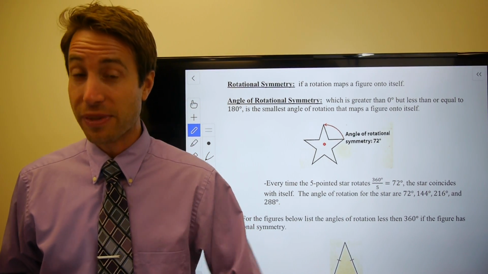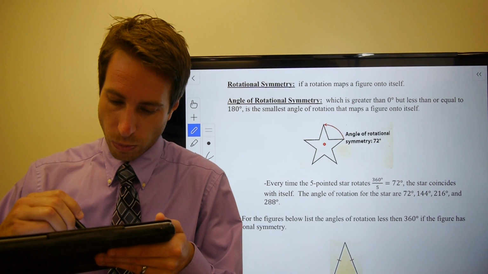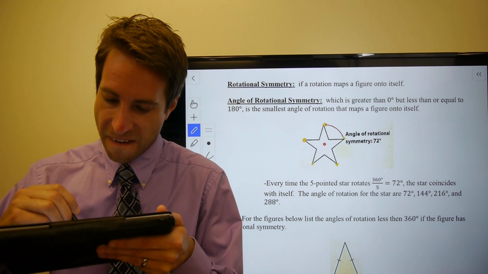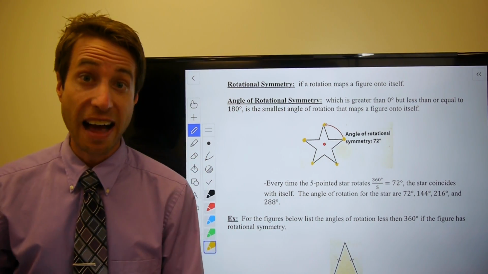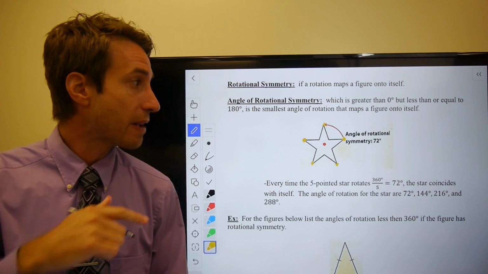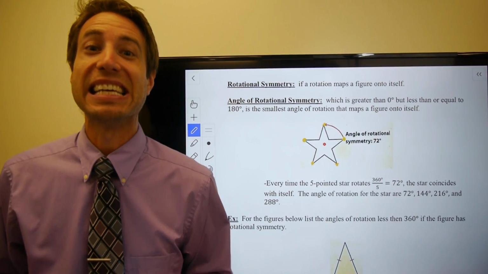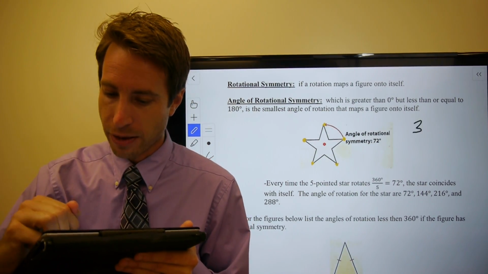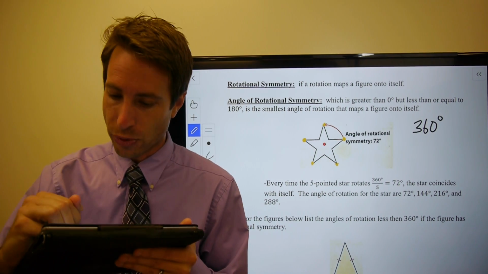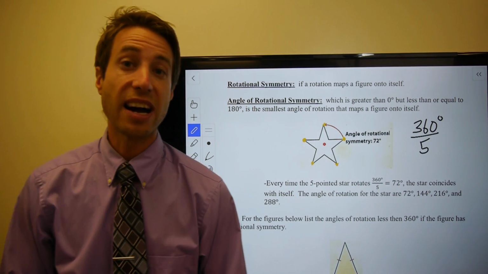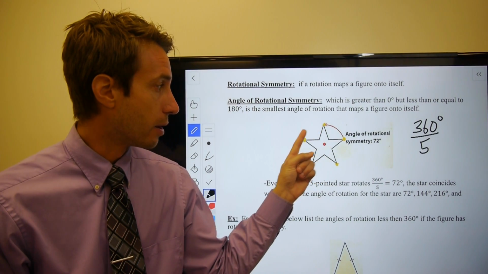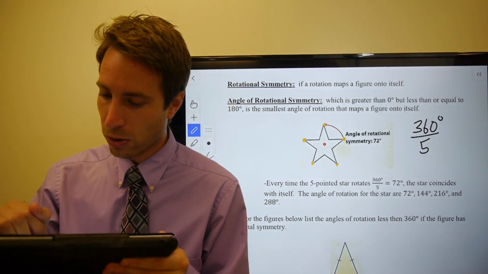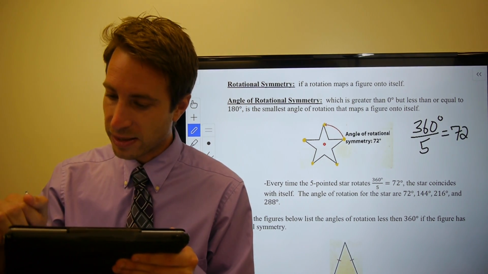It turns out that this one has 1, 2, 3, 4, 5 points on it. 5 points, right? And so the way that we found 72 degrees is simply this. One full rotation is 360 degrees. Divide 360 degrees by the 5 points on the star, you get 72 degrees.